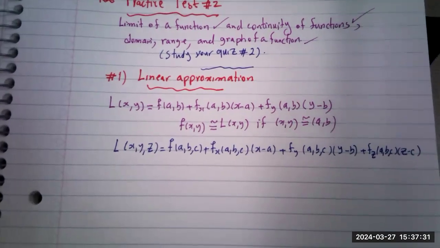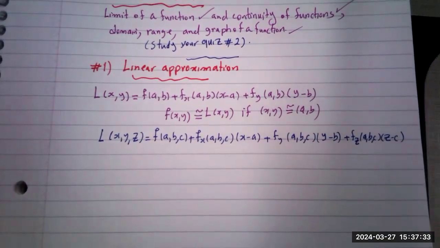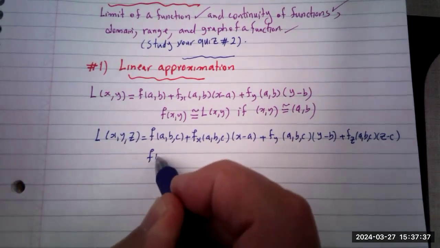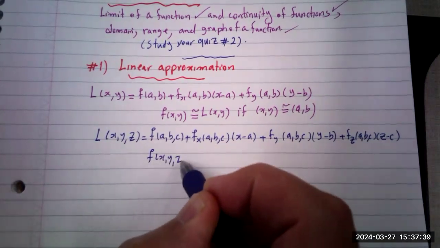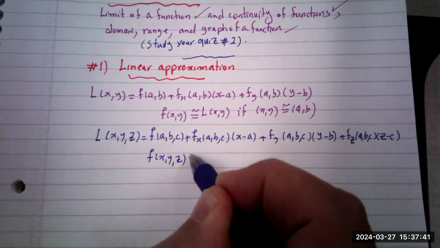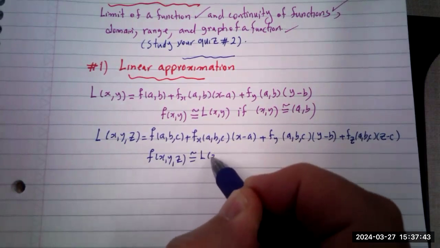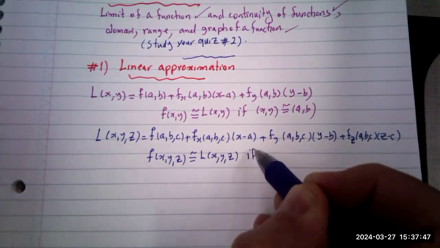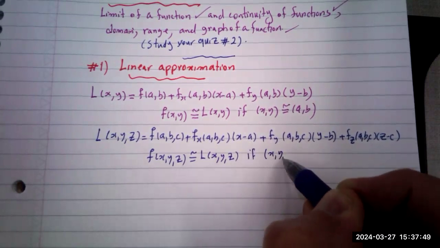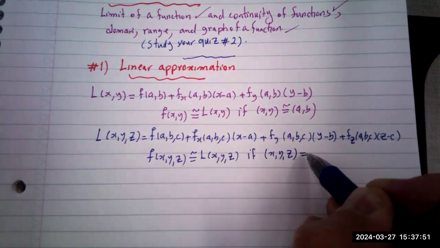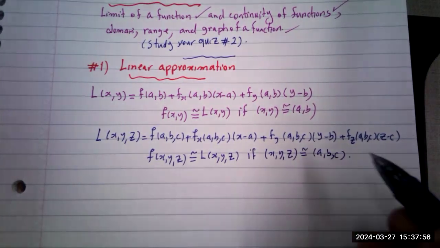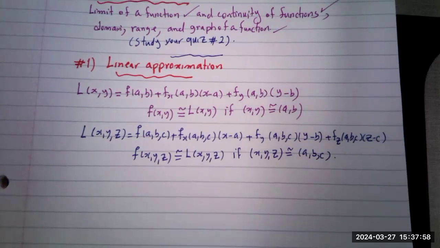That's the linearization for a function of 3 variables. The value of the function f(x,y,z) can be estimated by L(x,y,z), of course if the point is very close to (a,b,c). That's the idea of linear approximation.